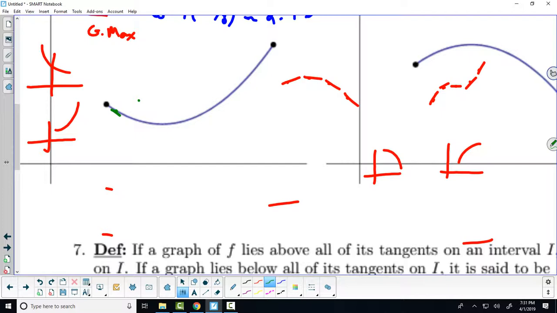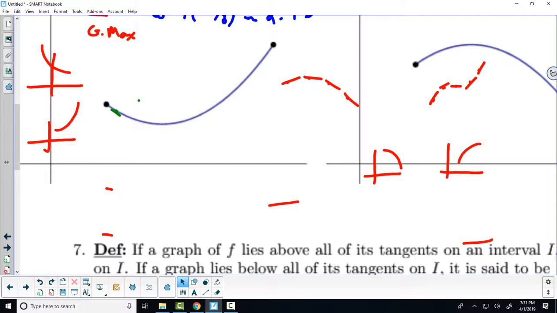Just like when I give you a function f of x, this function right here at c is increasing, and this function right here at c is increasing, and that has nothing to do with the sign, the height of the function.